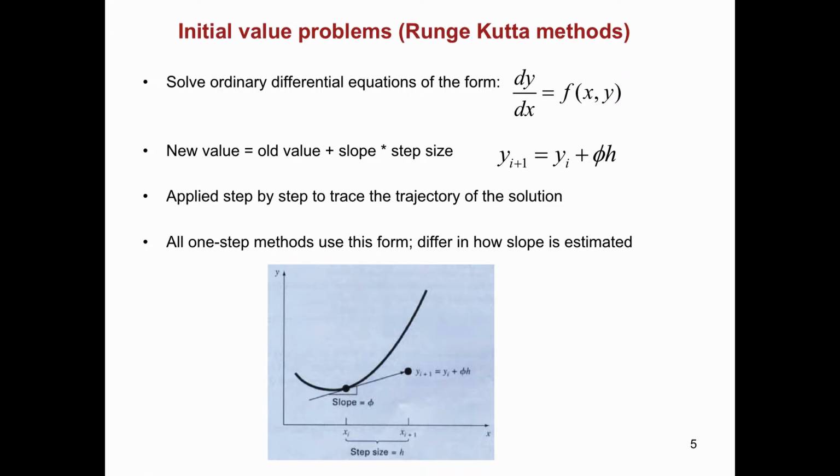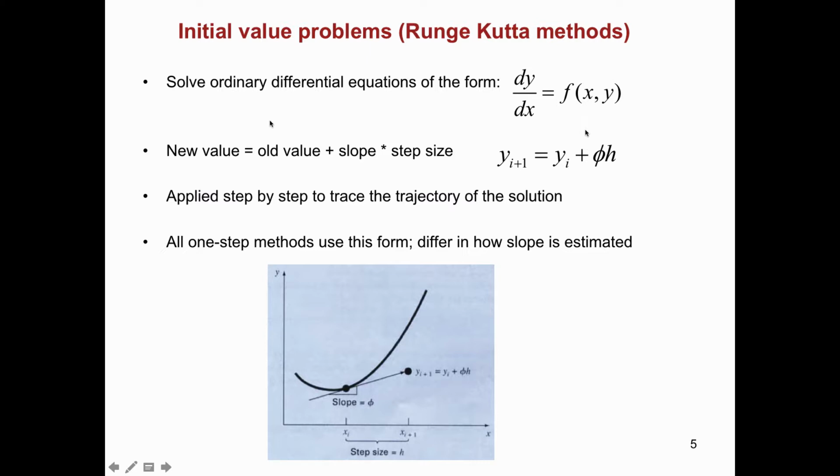So this slope is actually dy/dx at xi. dy/dx at xi is a function of xi, yi. Yes? That's what we're solving actually. So basically this slope is this, evaluated at point xi.